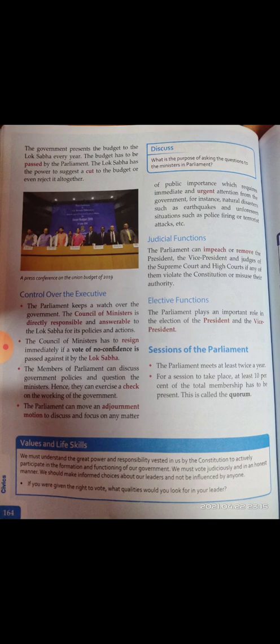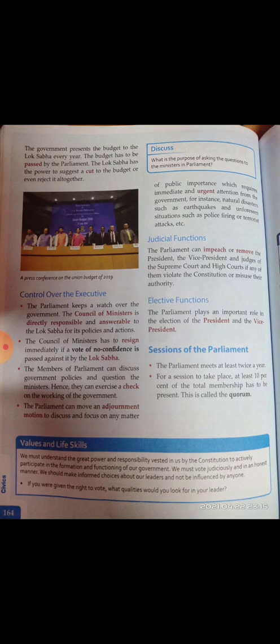Quorum means the minimum number of persons that need to be present for the session, or the session will not take place. Suppose the parliament has a total of 100 members. At least 10 members have to be present in the session or in the meeting. This is a quorum, 10%.